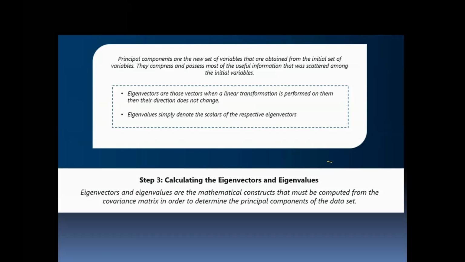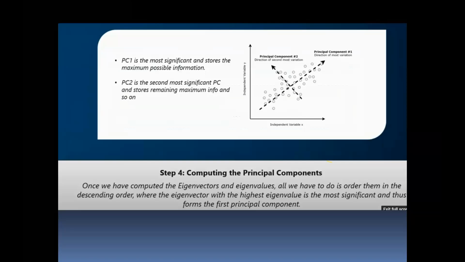That vector has more features, which are used to classify or predict, to perform prediction applications. Look here, what is the fourth step? You have to compute the principal components.